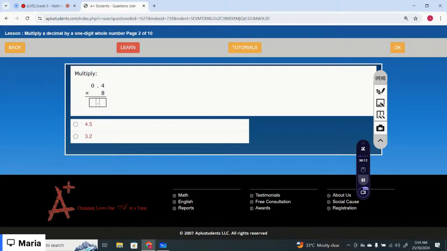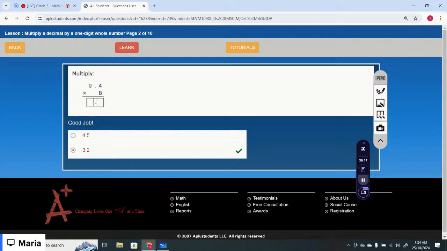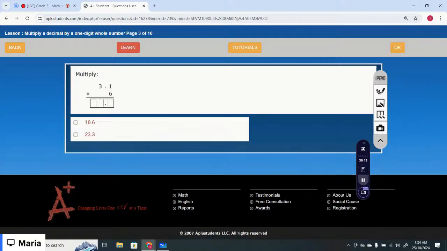Option number 2 is the correct option. 3.1 times 6. So, which is the correct option?